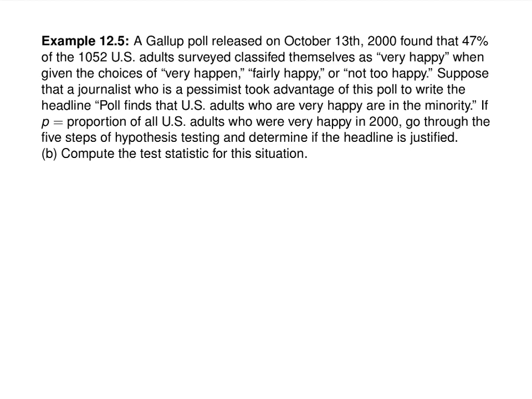Find your test statistic. What we should have really done in example A is written the null and alternative hypotheses, so let's do that. The null hypothesis is that the true proportion who are very happy is 50%. So half of the population is very happy.